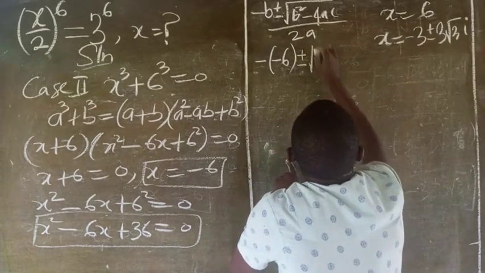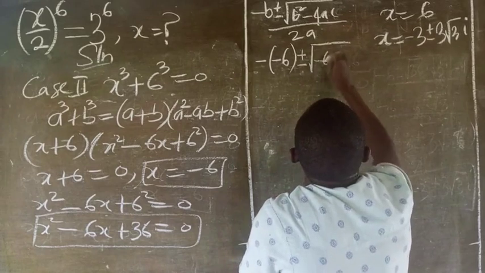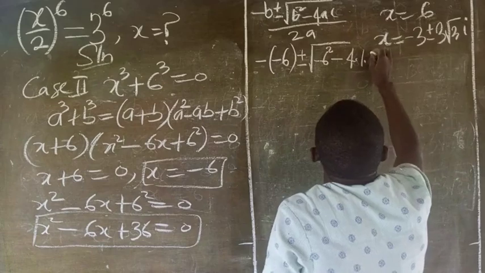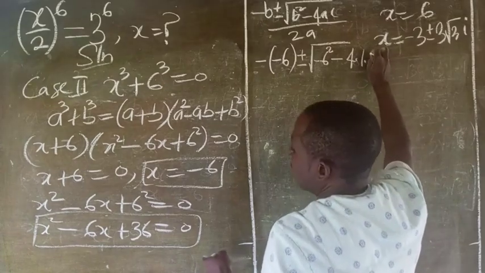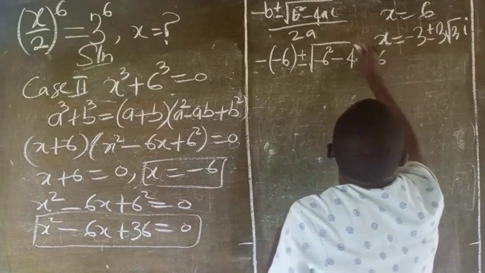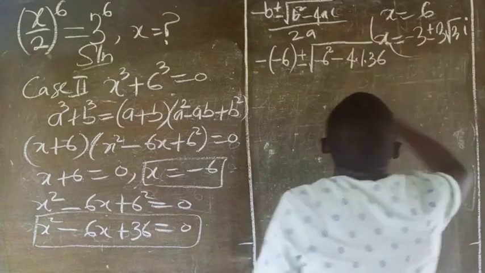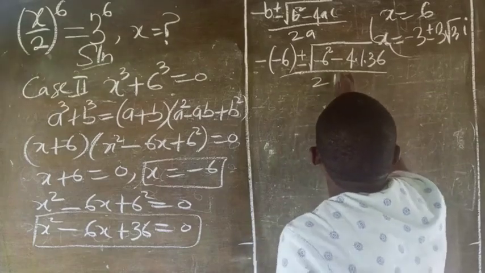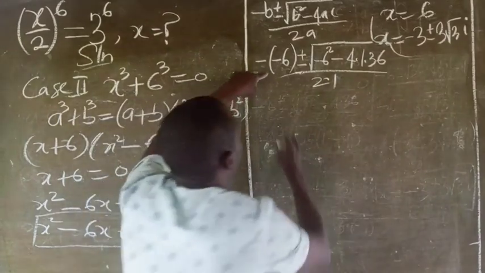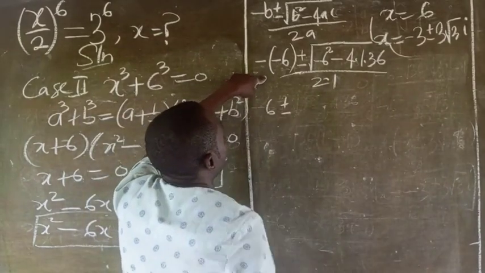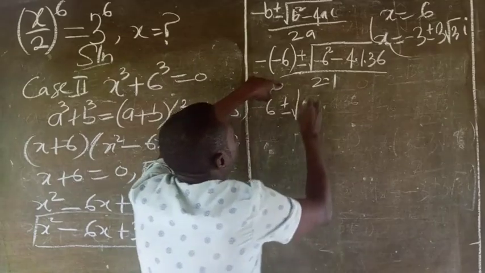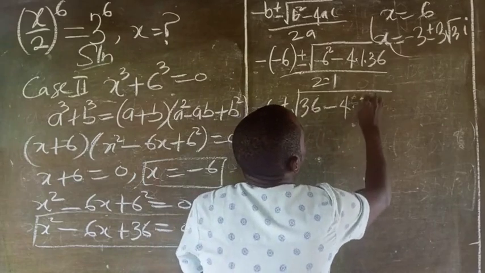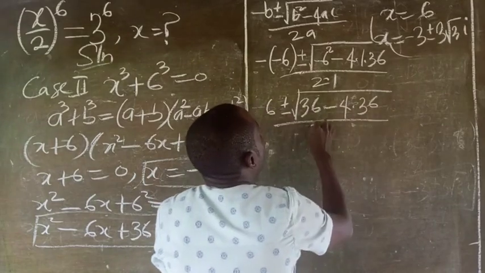Here we have square root of minus 6 squared minus 4 times 1 times 36, all over 2 times 1. A is 1. So if you do this, minus times minus is plus 6, plus or minus square root of 36 minus 4 times 36 all over 2.